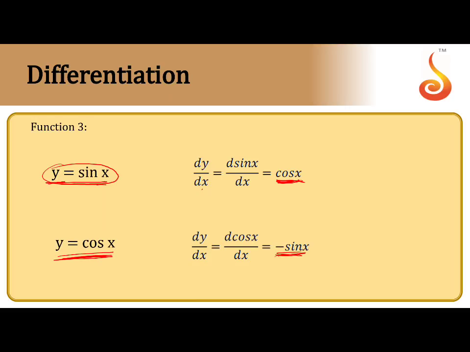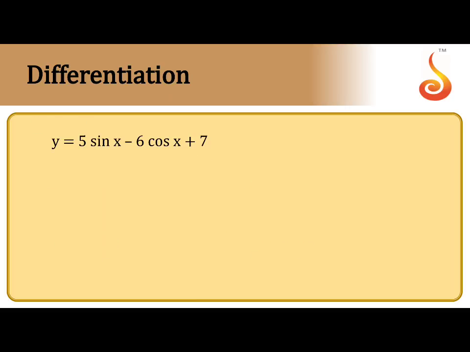Let us solve one problem to understand this. y equals 5 sin x minus 6 cos x plus 7. Then your dy by dx will be equal to 5 into, 5 is a constant because you are multiplying, you will retain it like that only. Differentiation of sin x is cos x, minus 6 times differentiation of cos x is minus sin x, plus, now only a constant is there.